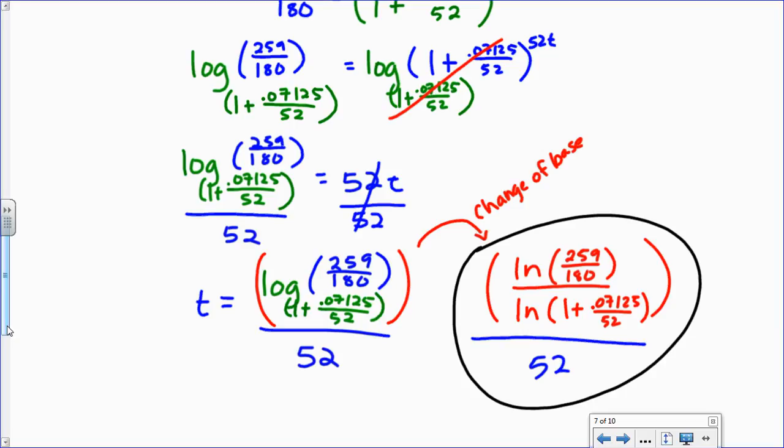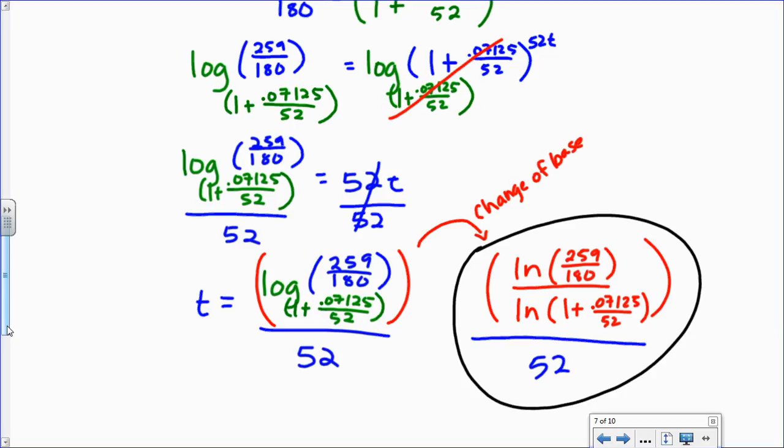Everywhere you see parentheses written here, you need to have them in your calculator. So when I start this off, I'm going to put parentheses, natural log, and then it opens one for me, 259 divided by 180.